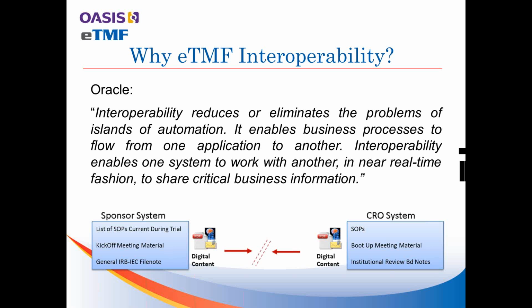You have the CRO that maintains their TMF, and the ability to migrate data back and forth is quite complicated unless they agree upon using the same system and the same nomenclature. But as is often the case, different people want to use different nomenclature, and even if they agree on that, you still have back-end interoperability issues. So that's really our goal with the OASIS eTMF standard.